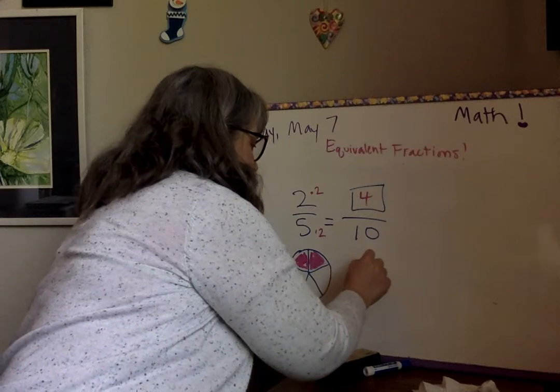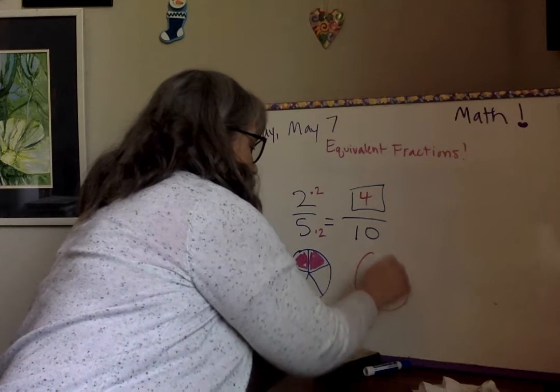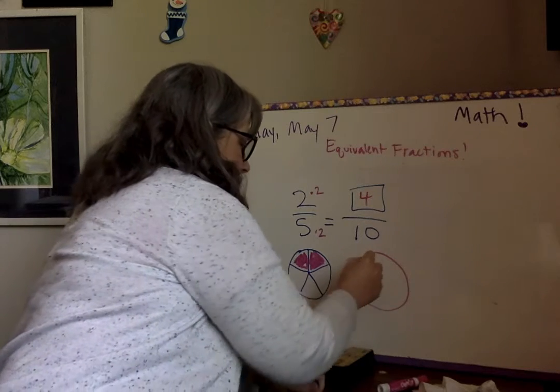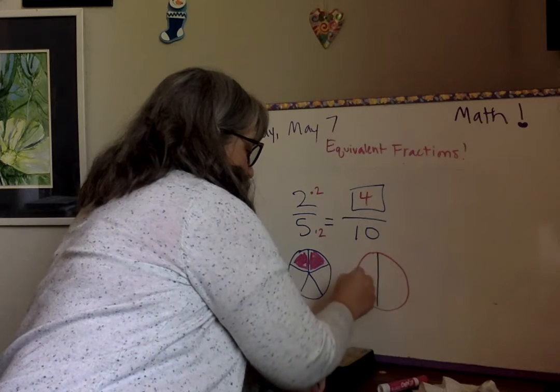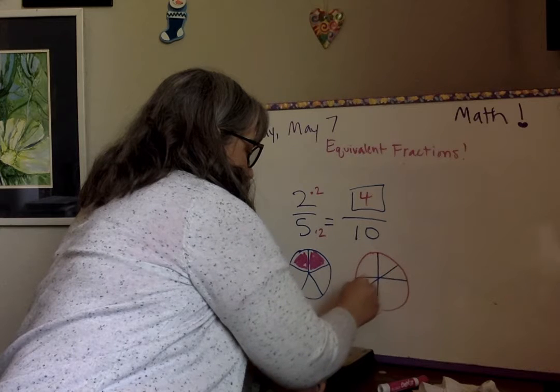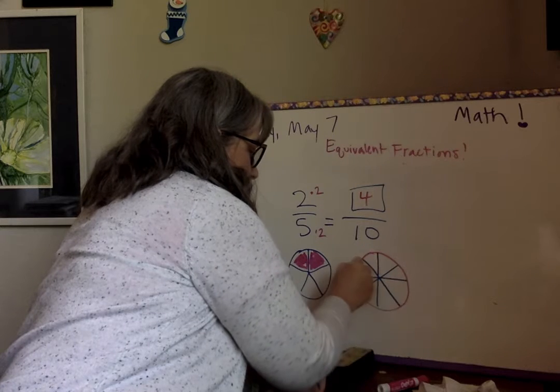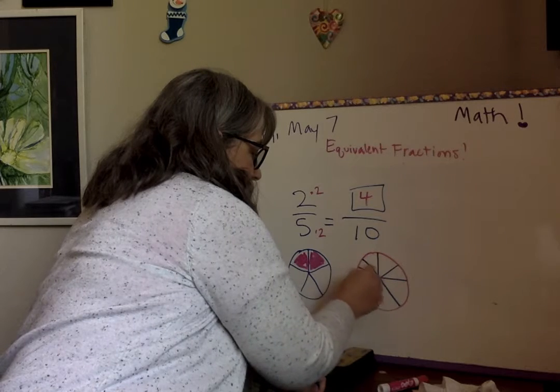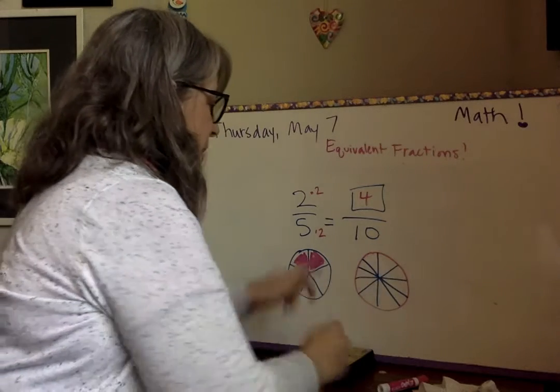So let's draw our picture. I hate to make that look opposite each other, but okay. I know it's hard to make these even, but we'll do our best. How many parts are we going to shade in?